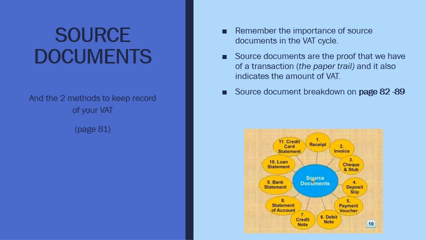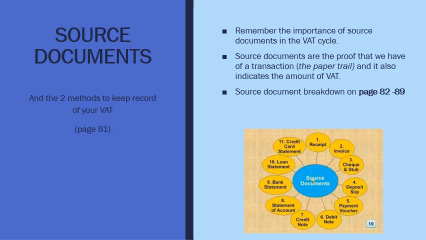Now, this has been such a popular question in assessments, and I sometimes think that students just completely miss it when they work through their textbook. So that's why I've given you an activity on these two methods. So please go and read page 81, and then you can do the activity on VC Learn. So you've got the payments basis, and you've got the invoice basis.